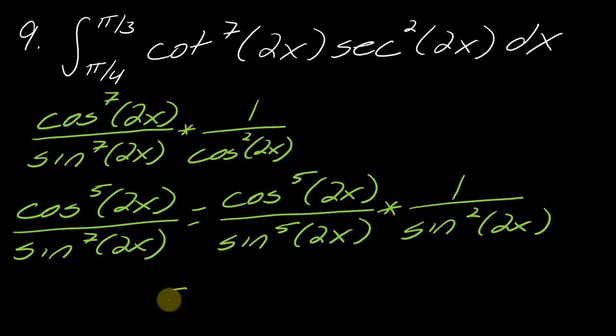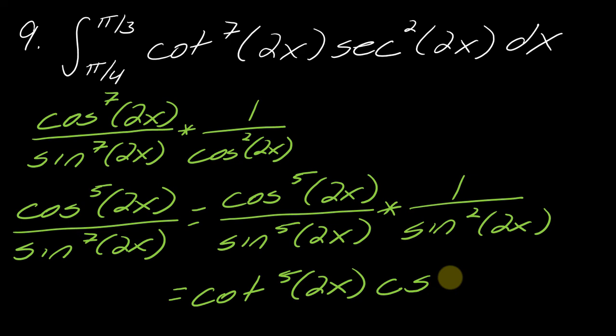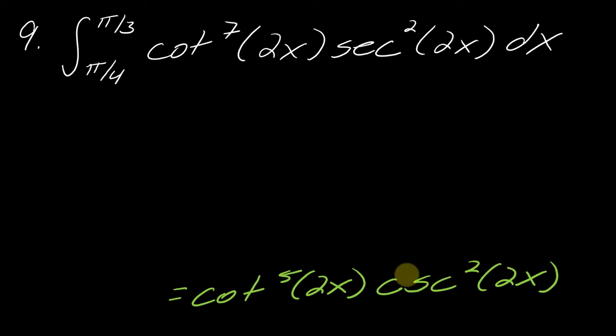And now I can rewrite this expression as cotangent to the 5th power of 2x times cosecant squared 2x. And here is the substitution that I can make. So there's a little bit of sorcery to get to this. So let's restate this problem now as this expression here, because then I can finally get to the substitution part of this, using what we just talked about as my guideline.